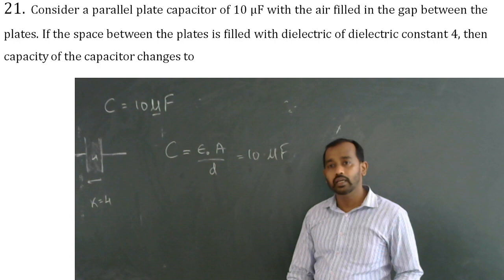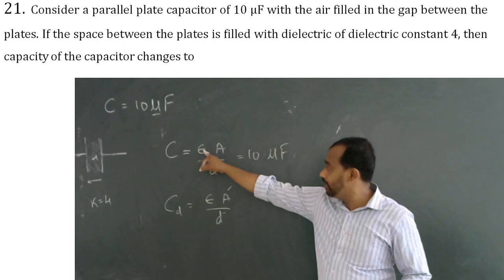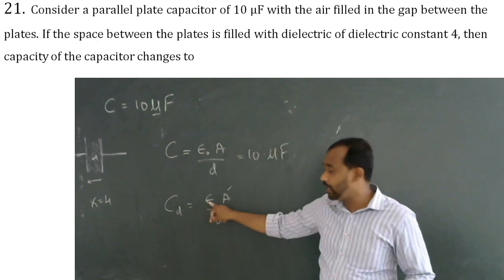Then with the dielectric, the expression for the capacitance will be epsilon, which is the permittivity of the given medium, into A by D. We are not changing the value of A, only the permittivity has been changed.